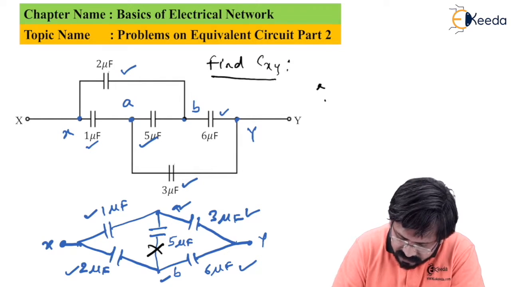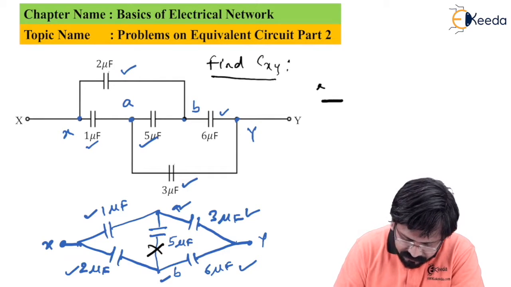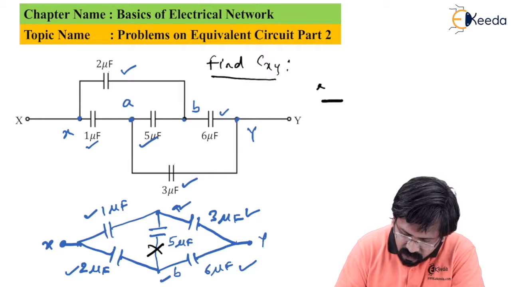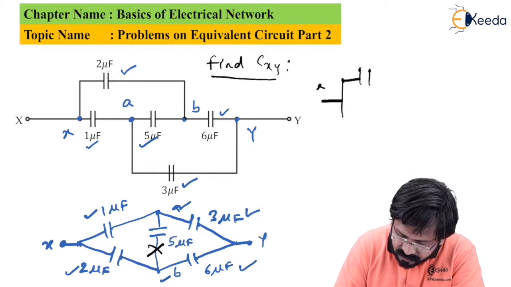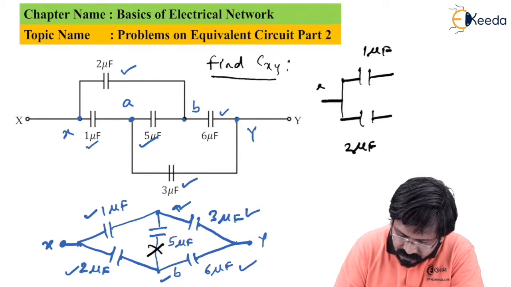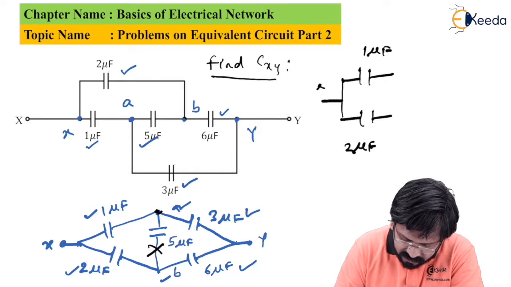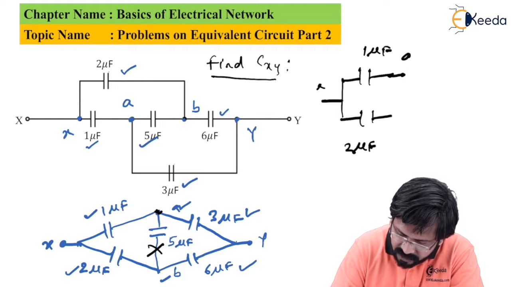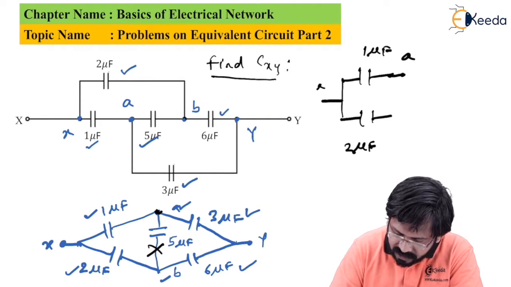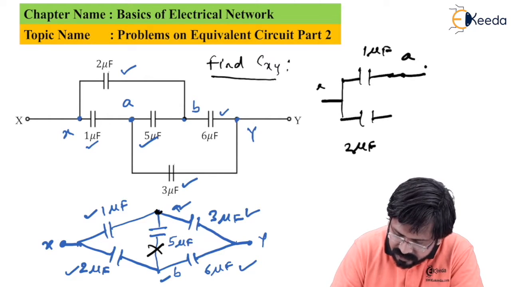We start with point X. After that, we have 1 microfarad and 2 microfarad here. At the end of the 1 microfarad capacitor, we have point A. After point A, there is a 3 microfarad capacitor.